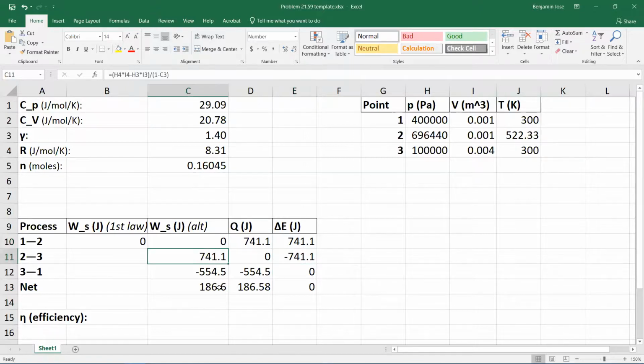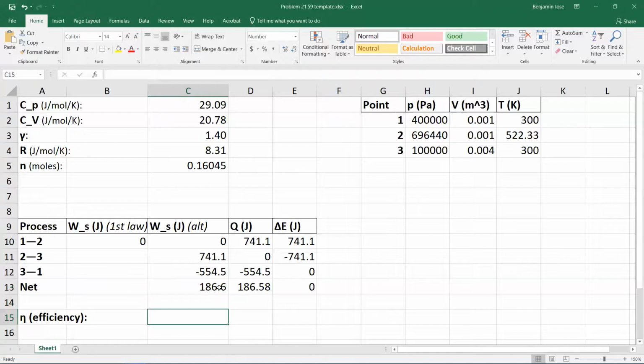It's valid along each process, but it's also valid for the cycle as a whole. Whatever heat you dump into the gas throughout the cycle is all being used, net, to do work. And since it's a closed cycle, we don't expect any change in energy. So the net heat that's taken up by the heat engine's working substance is used to do output work.